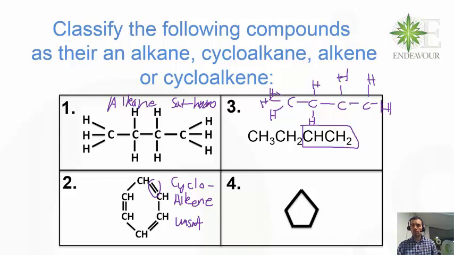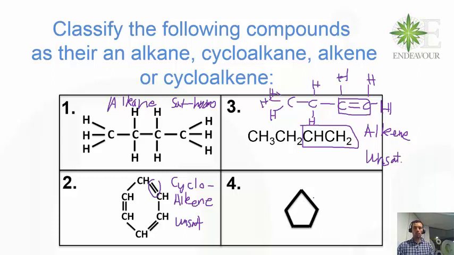This carbon only has 3, 1, 2, 3, and this carbon also only has 3. So it's logical that there's going to be another bond there. So we've got now a double carbon-carbon bond between these two carbons. So what we actually have in this structure is an alkene, and it's in a straight chain form as well. So we would call this an unsaturated structure, specifically an alkene.